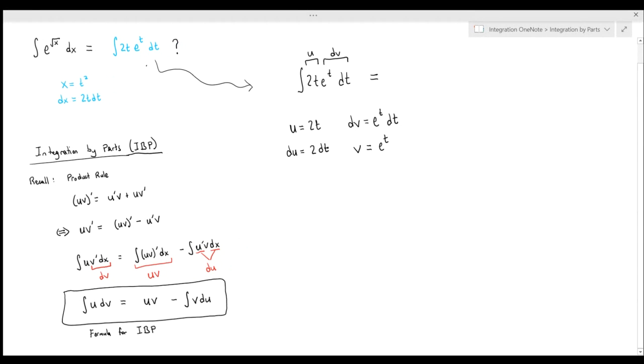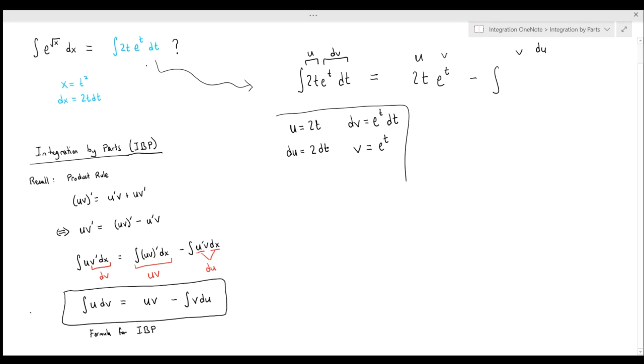So starting with the integral of u dv, which we have, we can rewrite that as uv. So u is 2t, v is e to the t. So uv, and then we have minus the integral of v du.